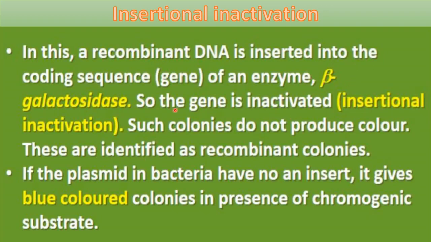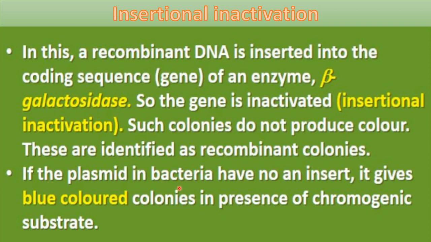Due to insertion of foreign piece of DNA, this gene has become inactive, and due to which this enzyme is not formed there. That's why these bacterial colonies, in which beta galactosidase enzyme is not forming due to insertional inactivation, will not produce blue color. These are identified as recombinant colonies. So we can identify these colorless colonies as recombinant colonies.